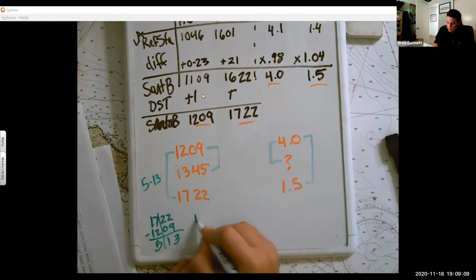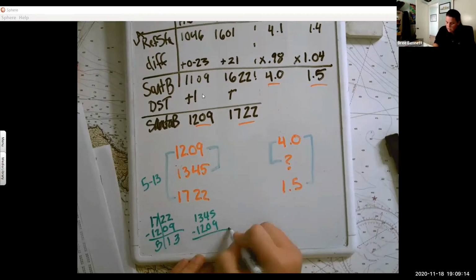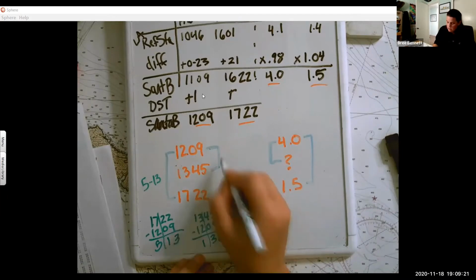Here we have 1345 minus 1209 gives me 36 and 1.